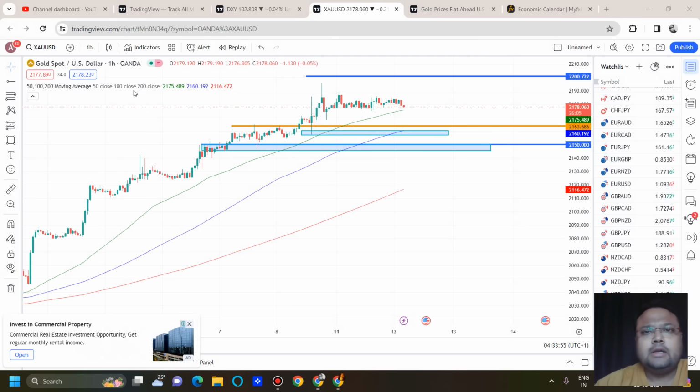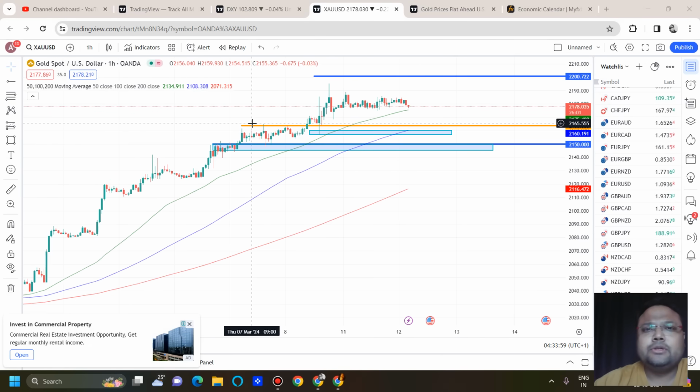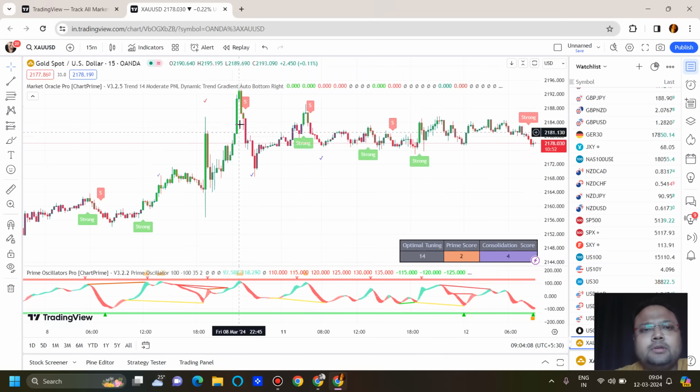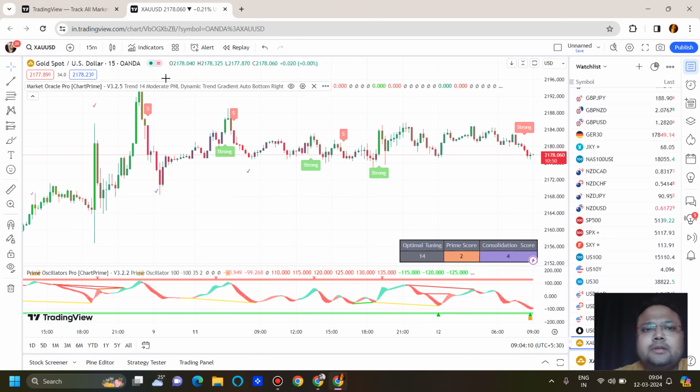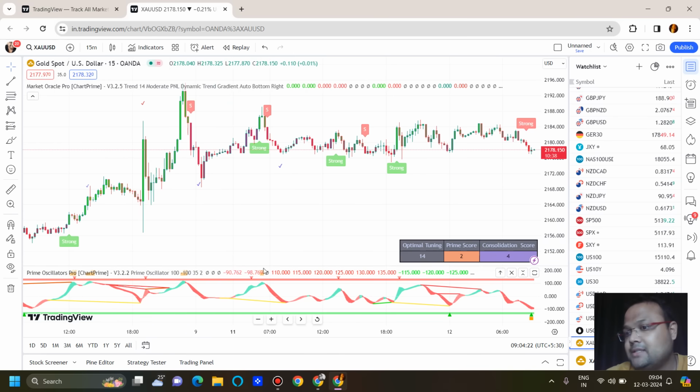And now let's look at the chart of gold, and we can see that the trading opportunities that we discussed yesterday are still very much valid. Things have not changed because the market is flat. And in this type of market situation, custom indicators like Chart Prime are very useful for us, because custom indicators generate not only buy and sell signals on the chart, but with their superior analysis, they help us to analyze the market better.